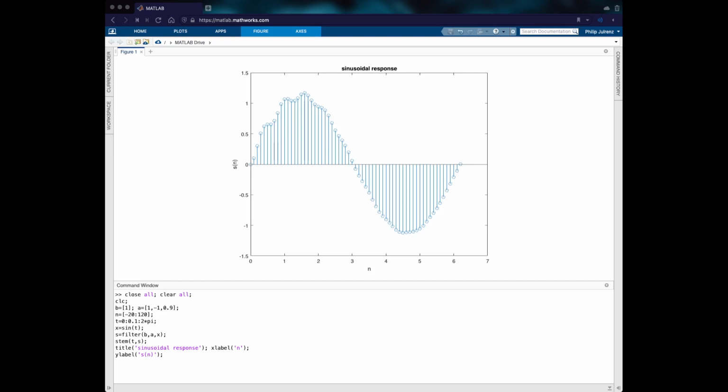LTI, or linear time invariant systems, are used for predicting long-term behavior in a system. It uses both linear and time invariant systems. Its outputs for a linear combination of inputs are the same as the linear combination of individual responses to the input. It produces an output signal from any input signal which can be focused on the constraints of linearity and time invariance.